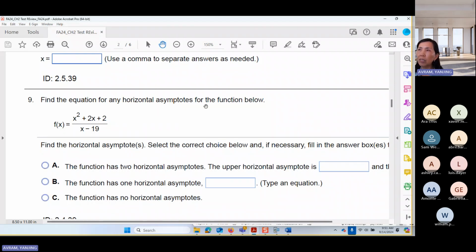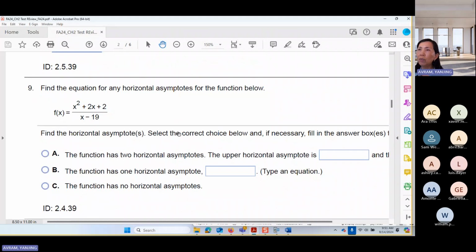If you look at this one right here, the numerator degree is 1 degree higher than the denominator. So this one doesn't have any horizontal asymptote. It will have a slant asymptote, but it doesn't have a horizontal asymptote.